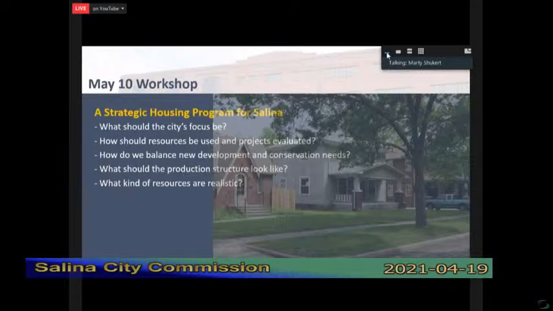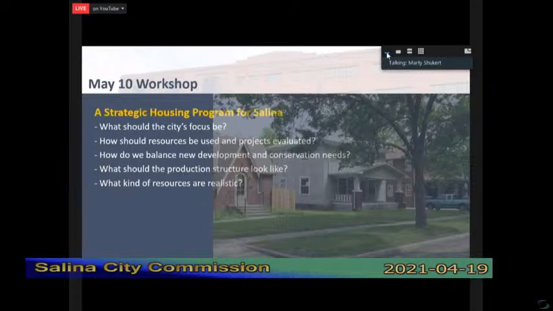We'll be talking to you in this sort of lecture mode, but also we want to really get into conversation as we move toward the real design of a program. What should we be focusing on? How should we be using our resources, whatever they might be? First of all, what are they? And secondly, how do we evaluate projects? How do we tell somebody yes and somebody else no?